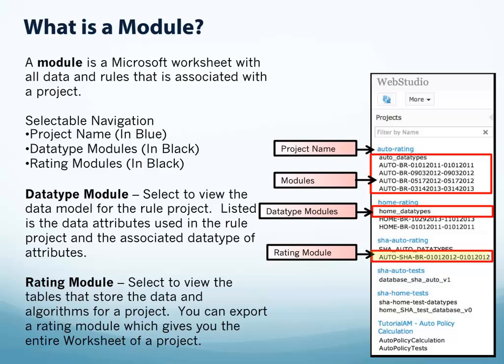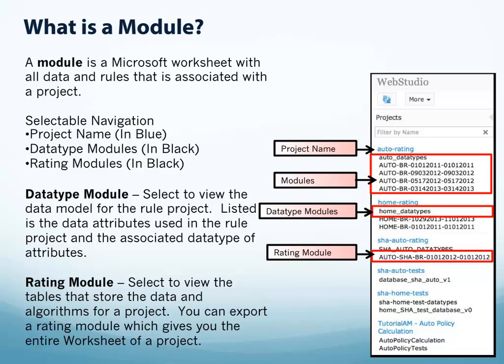Then you also have rating modules where you store all of your rules and algorithms and tests and conditional statements for your rating project. Other implementations might also have modules that are all your testing data, so you store all your test data in its own module.